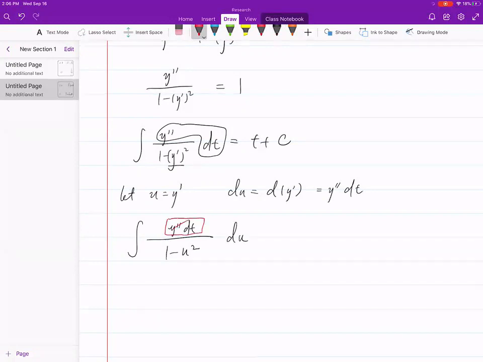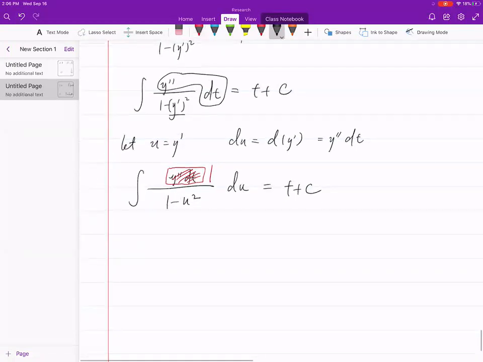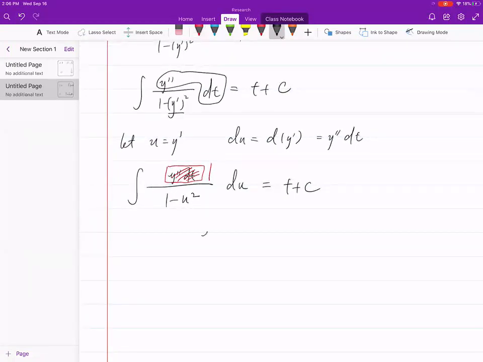Okay, so this is 1, and you got the du you want. When you solve it, you will have u equals t plus c, which is actually y prime equals t plus c. Then how do you find y? You just take the integration again, you find y. Sounds good? So even though this one is not first order, it's not even linear, you can do it.